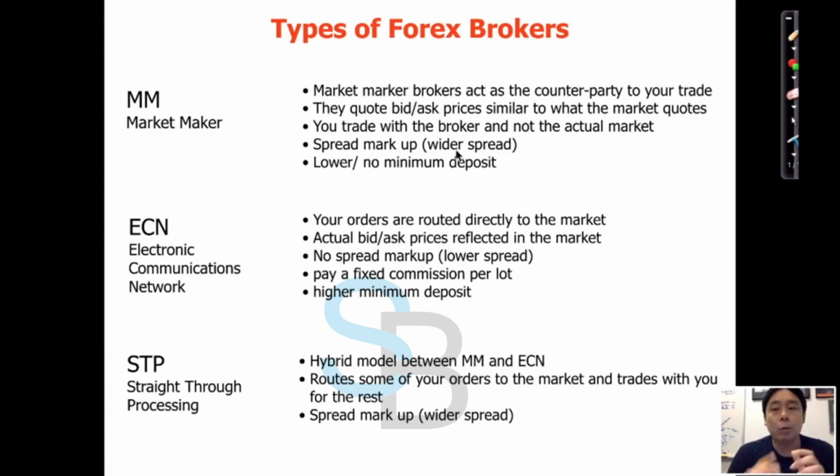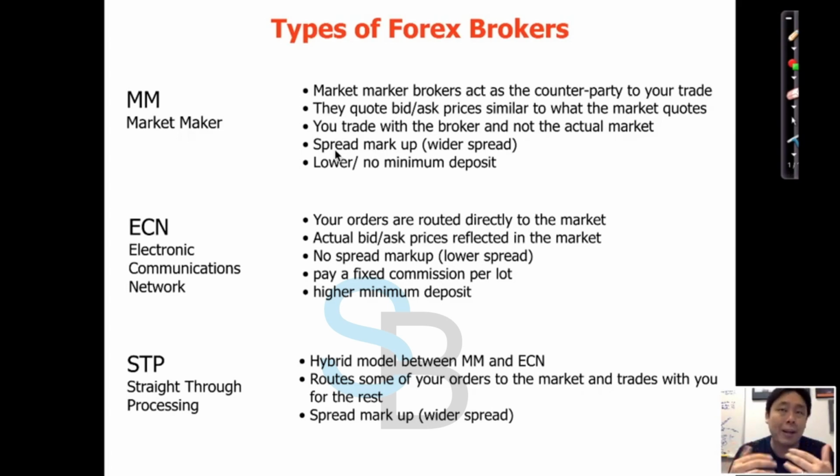They will quote prices similar to what the market quotes, but not exactly. So you're actually trading with the broker and not the actual market. Normally, market maker brokers make their commissions by marking up the spread. So if the normal market spread is 1 pip, they could mark up another 1 or 2 pips.